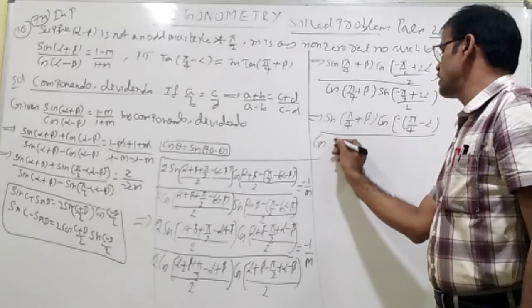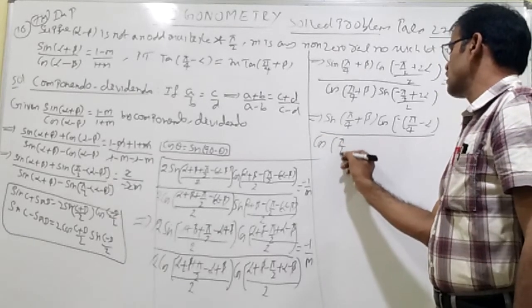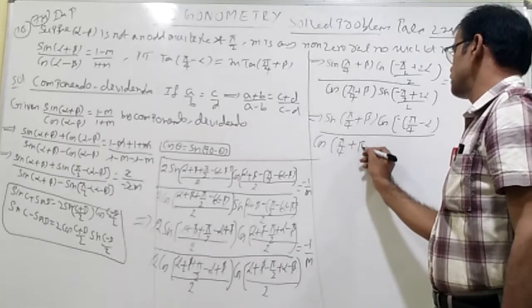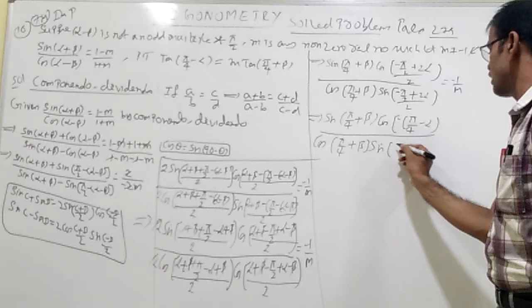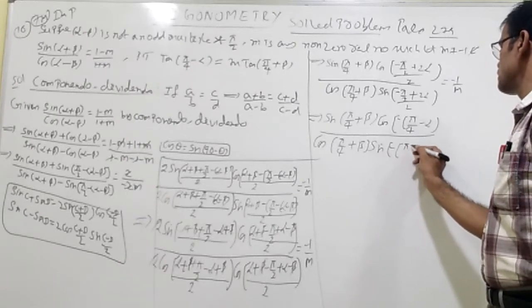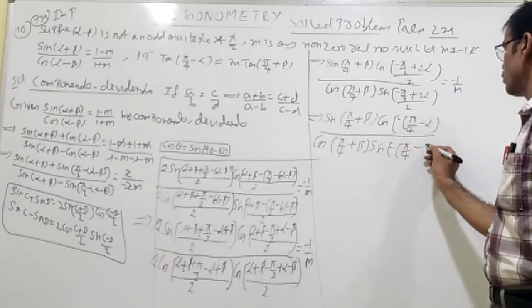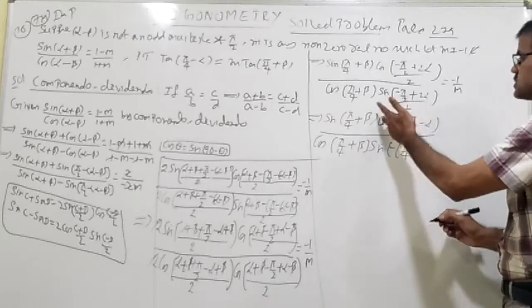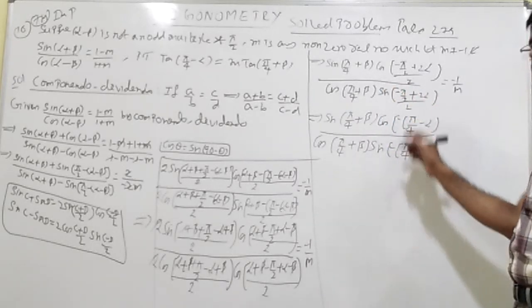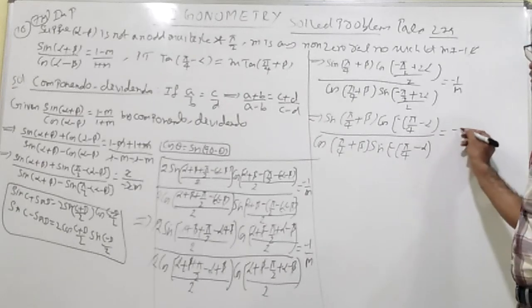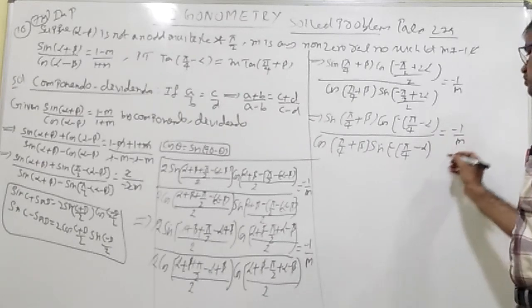And here you write cos of pi by 4 plus beta into sine of pi by 4 minus alpha, because plus, taking minus common, becomes minus within the brackets, 2 alpha by 2 becomes only single alpha, that is equal to minus 1 by m.